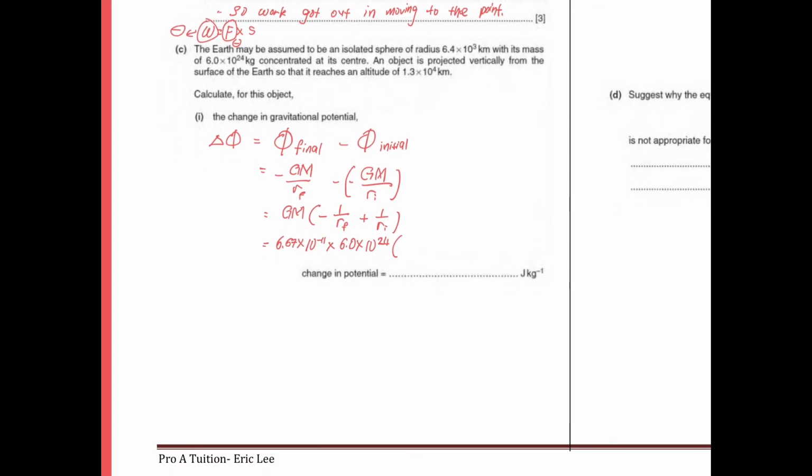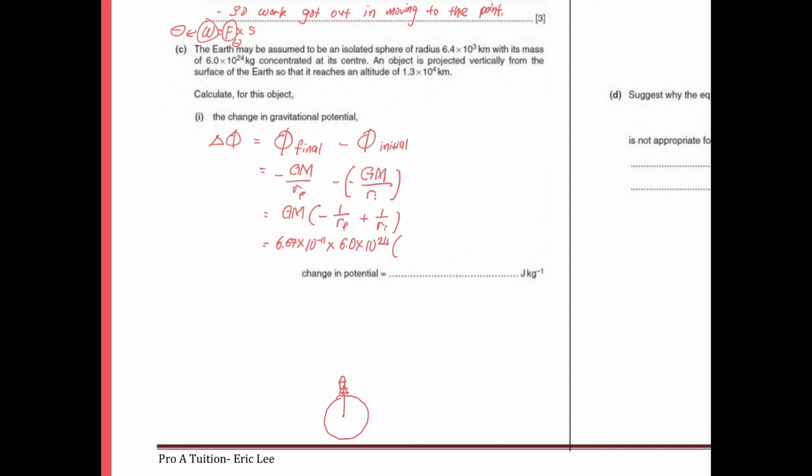So imagine this is the Earth. You are launching an object, let's say a rocket again. So initially the rocket is on the surface of the Earth.